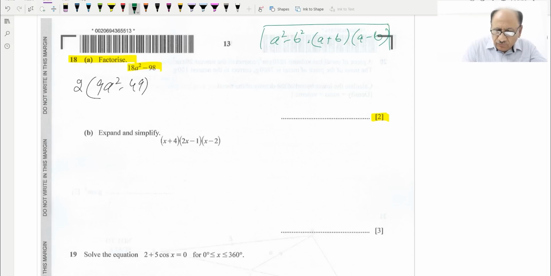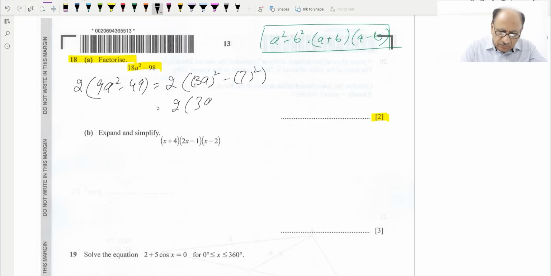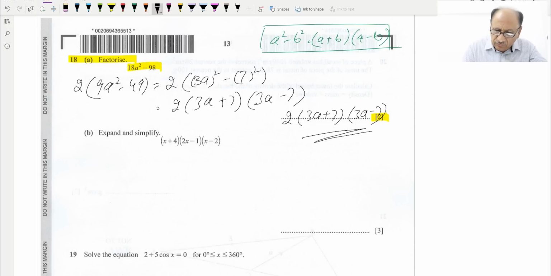So this will be 2 as it is, and inside we can write 3a square minus 7 square, which will be 2 into 3a plus 7 and 3a minus 7. This will be our final answer for 4 marks. Hopefully you understood this.